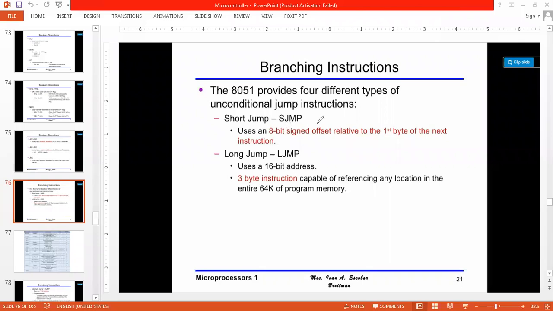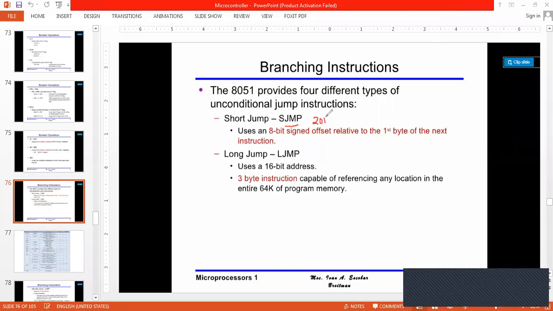When I execute SJMP, a particular address I have to write here, say I can write 20H.